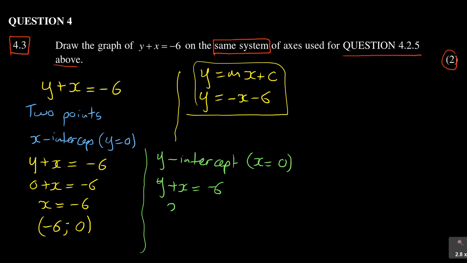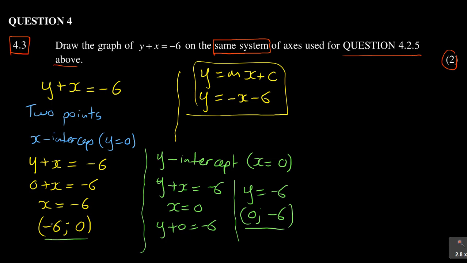So when x is equal to 0, you have got your y plus 0 is equal to negative 6, such that your y is negative 6, and the coordinates are 0 and minus 6. So you have to draw these 2 points. When x is minus 6, y is 0, and when x is 0, y is minus 6.